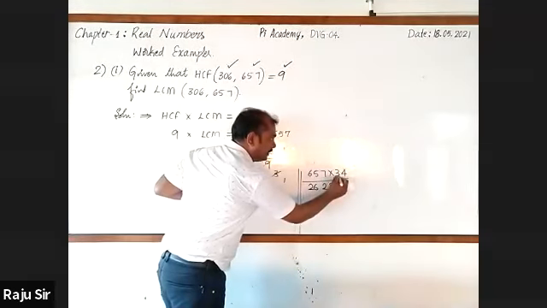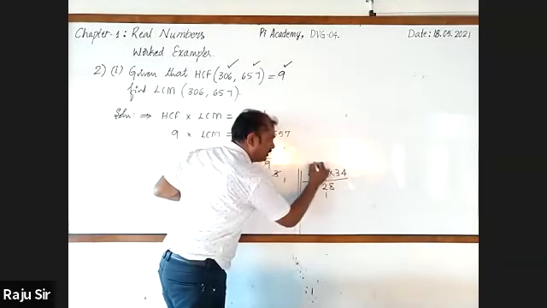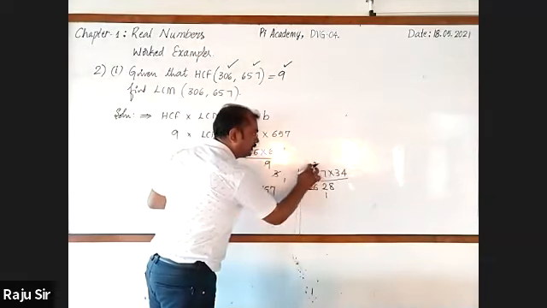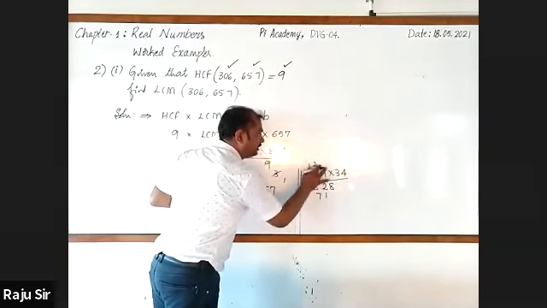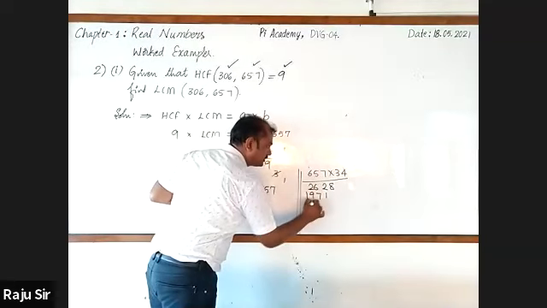Then multiply 657 by 3. 3 7s are 21. 2 is the carry. 3 5s are 15. 15 plus 2, 17. Carry 1. 3 6s are 18. Plus 1, it is 19.